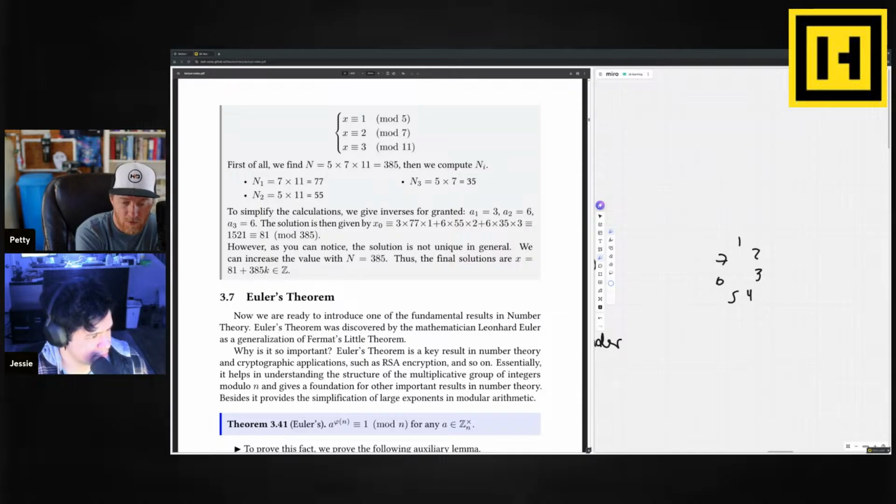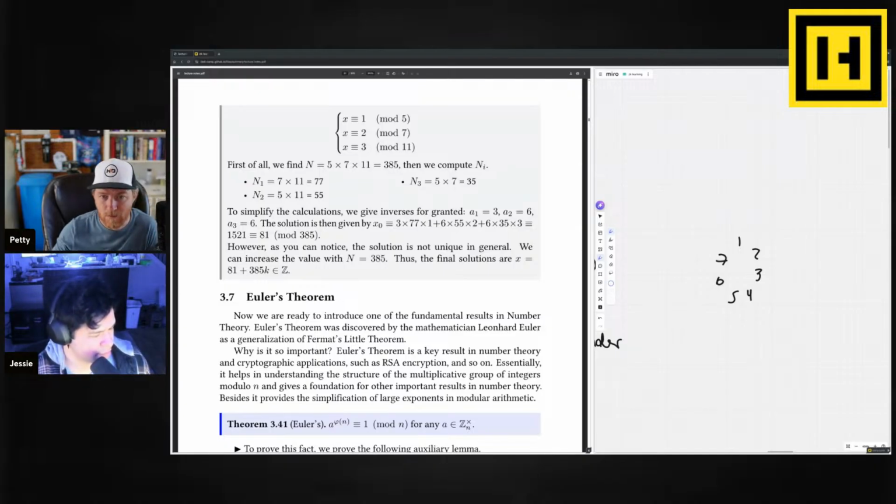N sub 2 is equal to 5 times 11. And the last one, N sub 3, is 5 times 7. So for any given N sub i, you take the product of the other two.